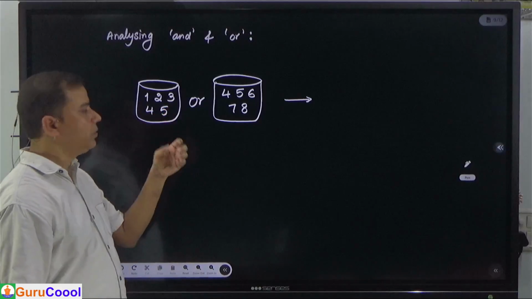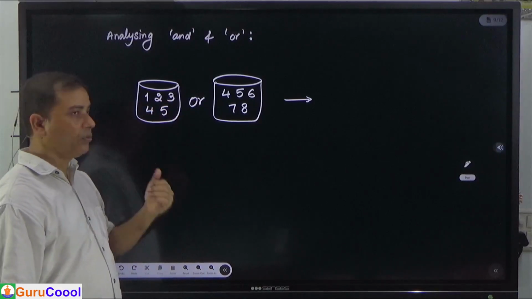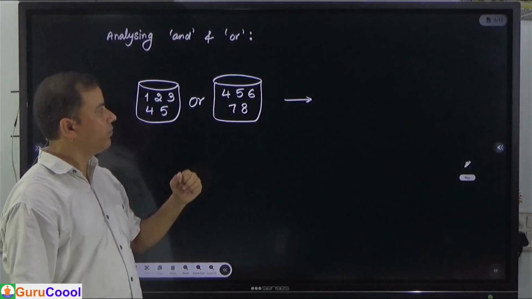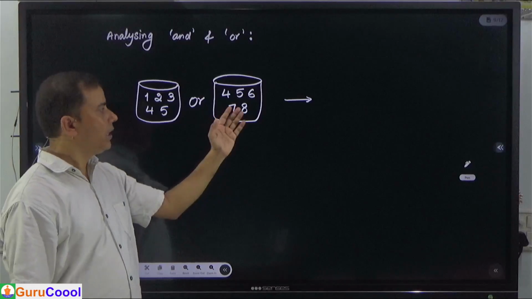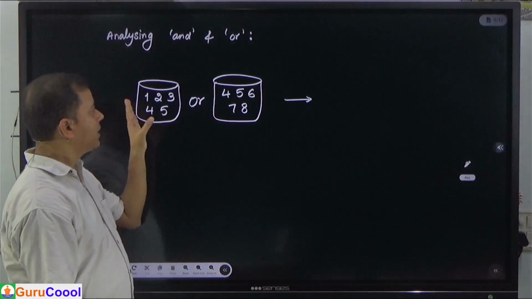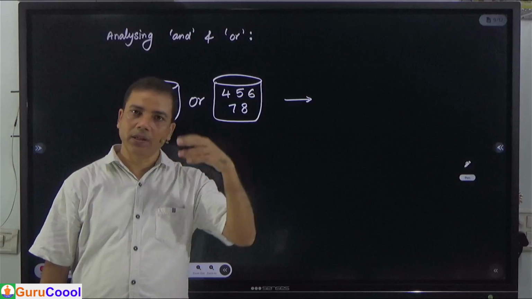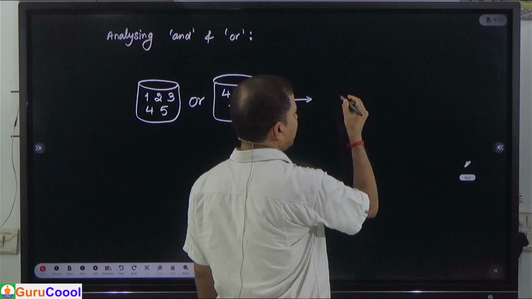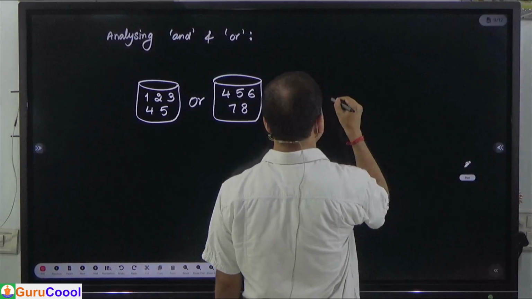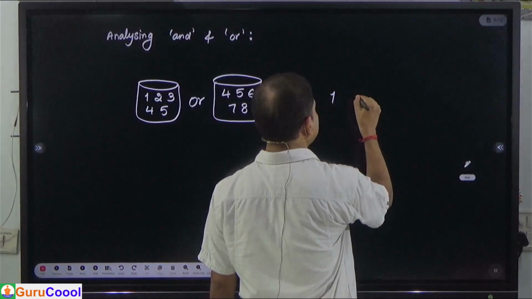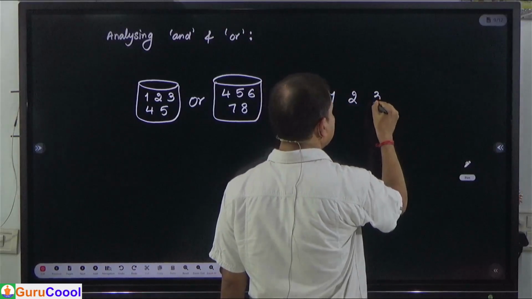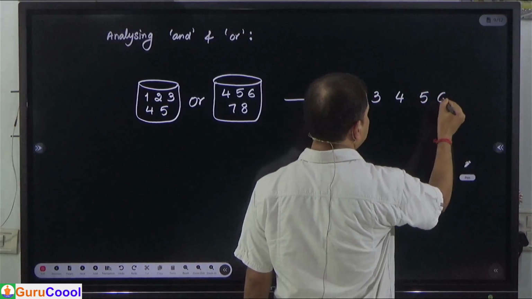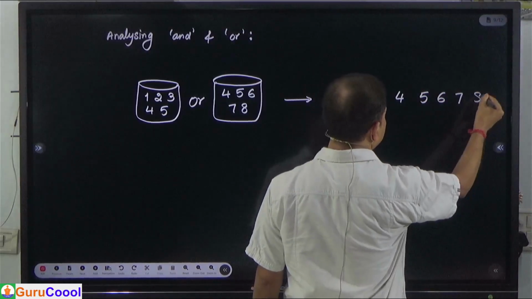You draw 2, you are the winner. 3, the winner. 4, the winner. 5, the winner. 6, the winner. 7, the winner. 8, the winner. That means you can draw any of those cards, you are the winner. So there are 8 numbers contributing in winning: 1, 2, 3, 4, 5, 6, 7, 8.